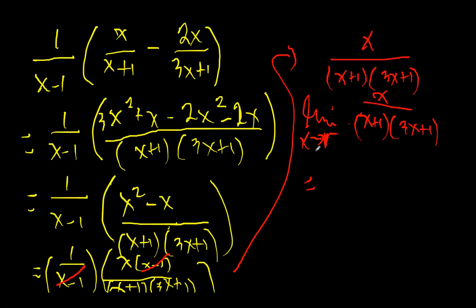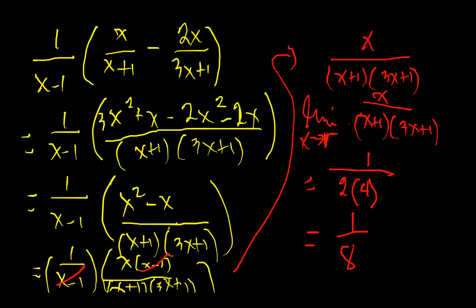So we're going to consider all the values of x which are close to 1 but less than 1. So therefore, this is equal to 1, this is equal to 2, and this is equal to 4. Right? So this becomes 2 times 4, which is 1 over 8.